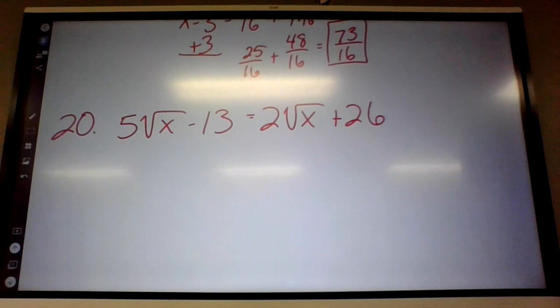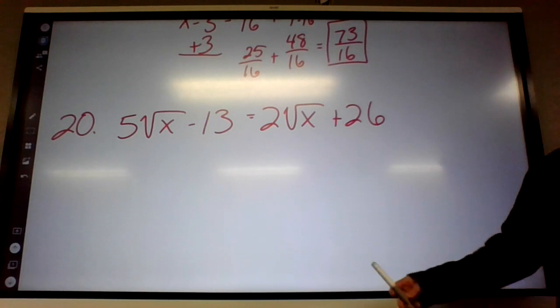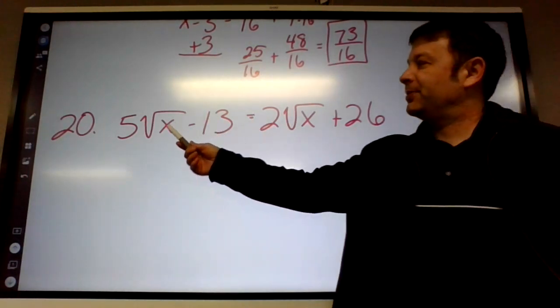Okay, so what's weird about this one is we got square roots on both sides. Any guesses? Luke. You would subtract 5. Subtract 5? Yes. Not quite. You'd add 5. Close. If they're not on the same side of the equals, they don't really add together.